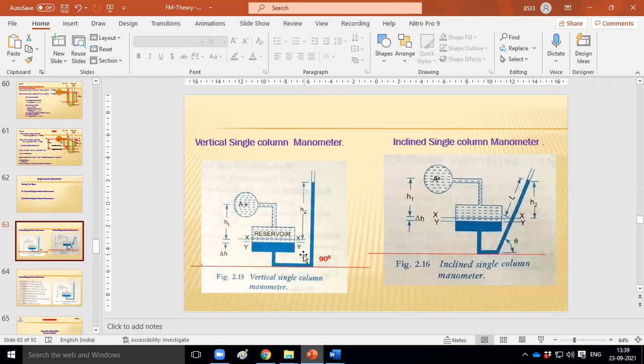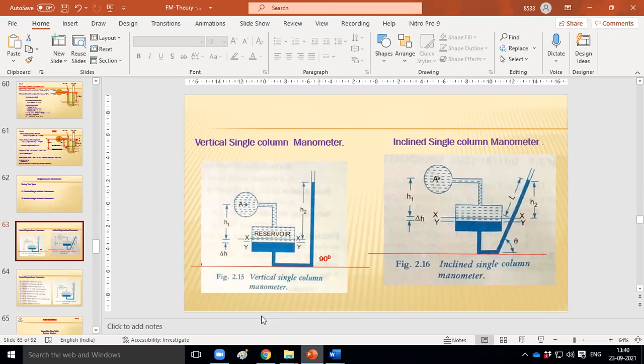Which cross section area is larger, the reservoir or the tube? The reservoir. The cross section area of the reservoir is very, very large as compared to the cross section area of the tube.